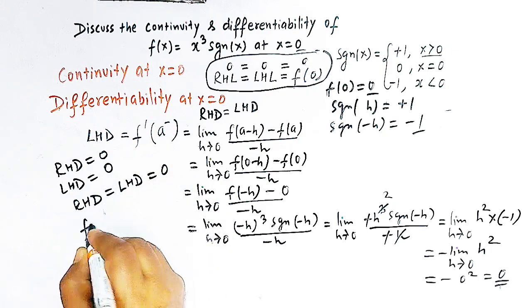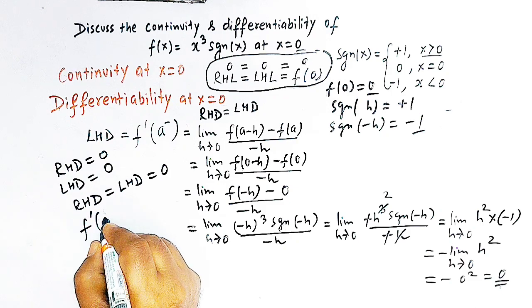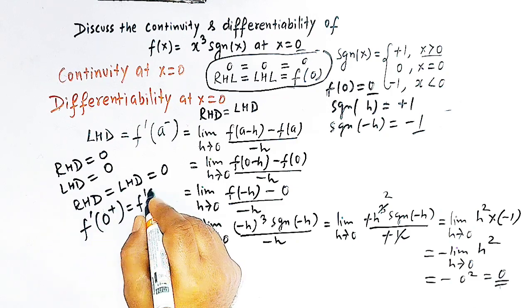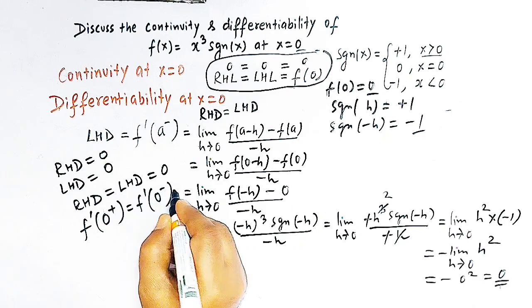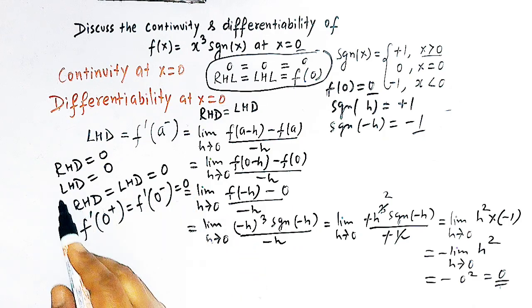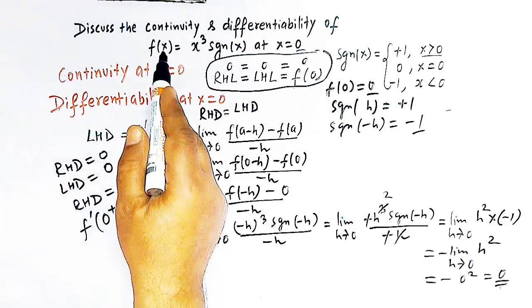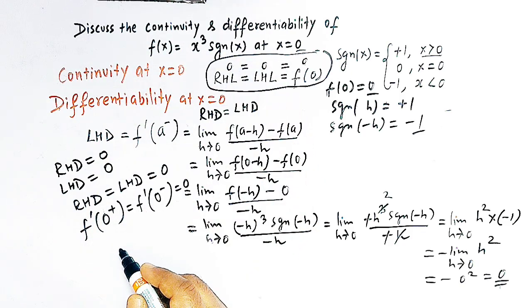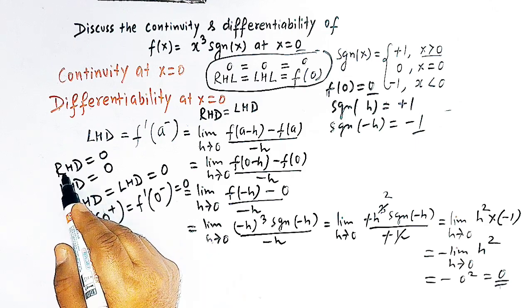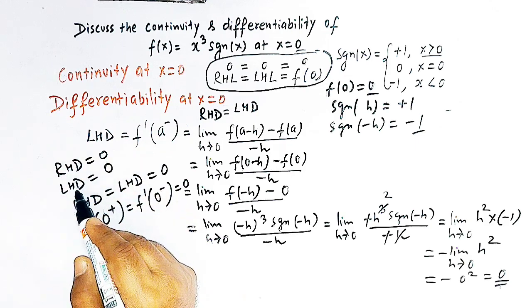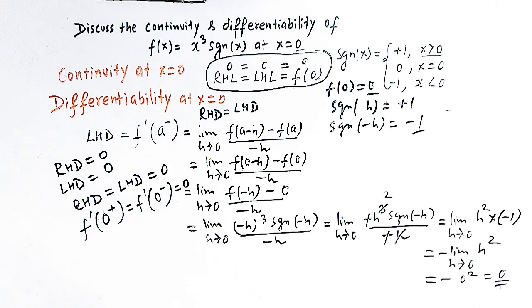We can also write it as f prime of 0 plus and f prime of 0 minus, and both the derivatives are equal to 0. So we can now claim that this function is differentiable at x equal to 0, because both sided derivatives are finite, they exist, and they are equal to each other.